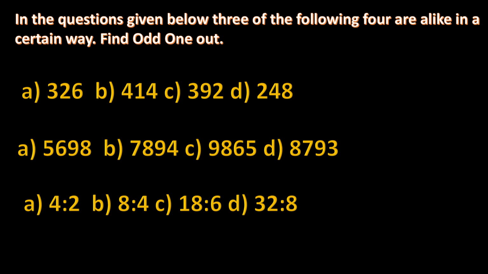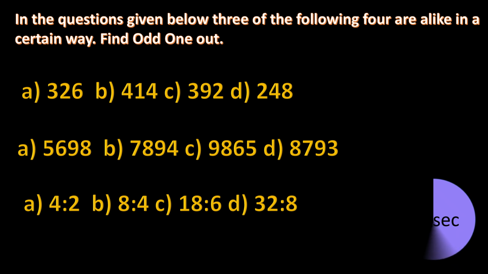Next 3 questions on your screen and your timer starts now. 50 seconds timer. So each question will have a different logic here also, but compared to solving the number analogy problems, I think finding odd one out is much easier.